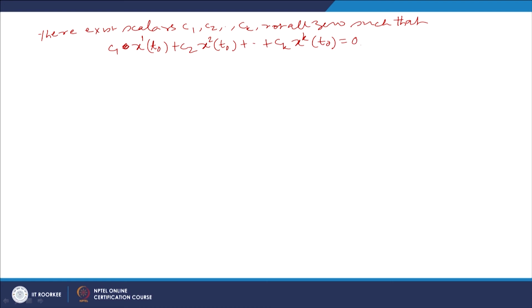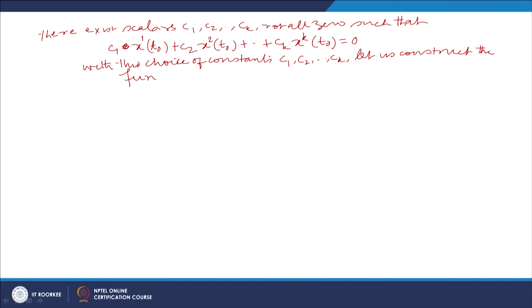Okay. Now, with this choice of constants C1, C2, Ck, let us construct the function phi t equal to C1 x1 t plus C2 x2 t and so on plus Ck xk t.